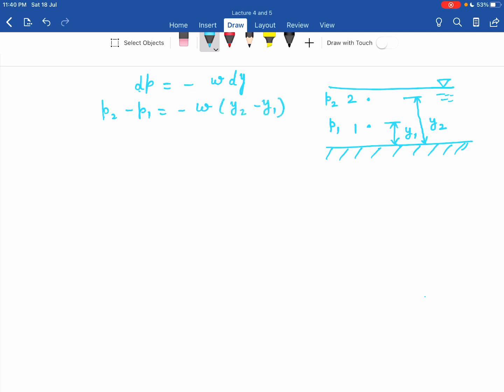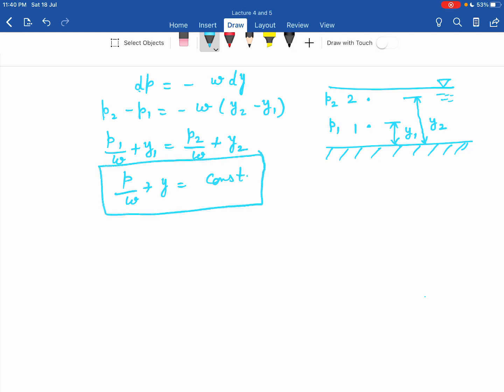or by rearranging the terms you can write P1 by W plus y1 equal to P2 by W plus y2, or you can say P by W plus y is equal to constant. Okay, now by this relation you can say that for a fluid at rest, this term P by W plus y is constant.